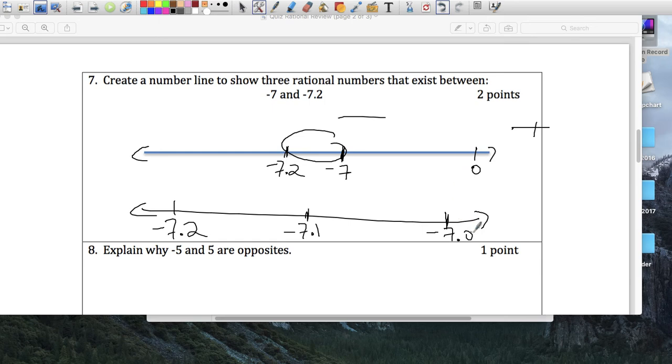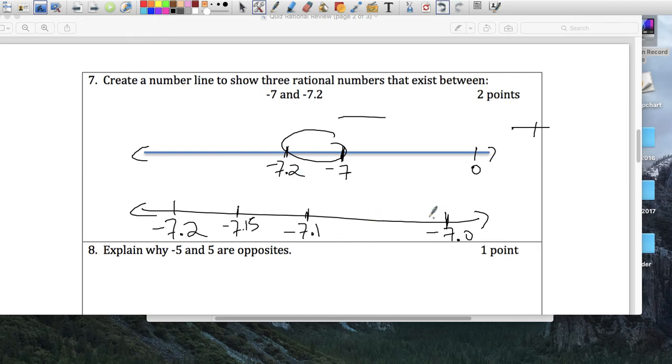Okay, so from negative 7.1, I can have negative 7.2, 7.15. I can have so many different numbers. Negative 7.14, 7.13, 7.12, 7.11. So the choices here are limitless.